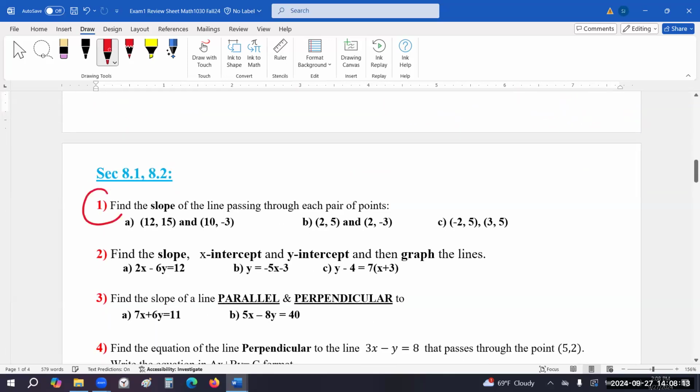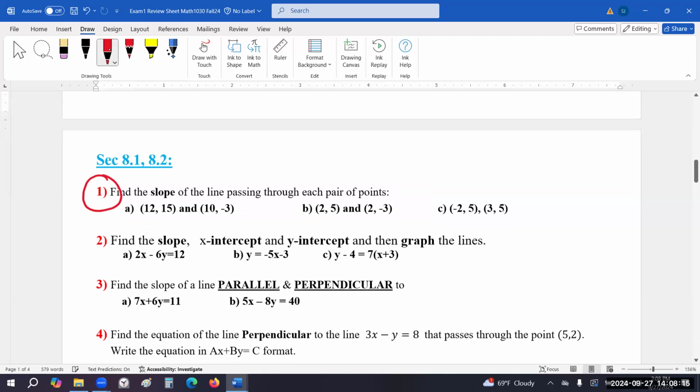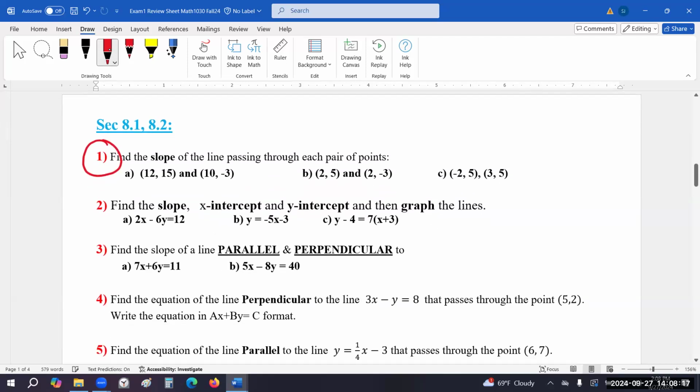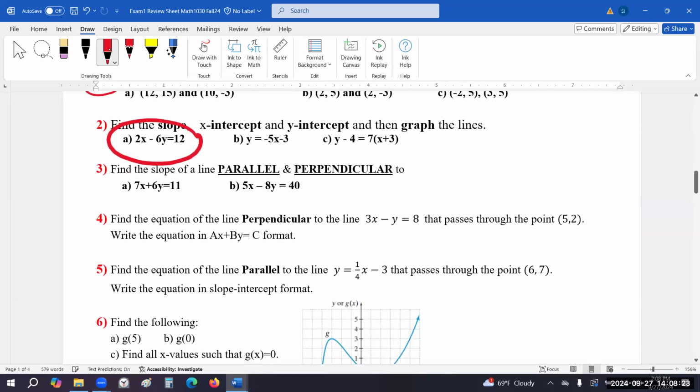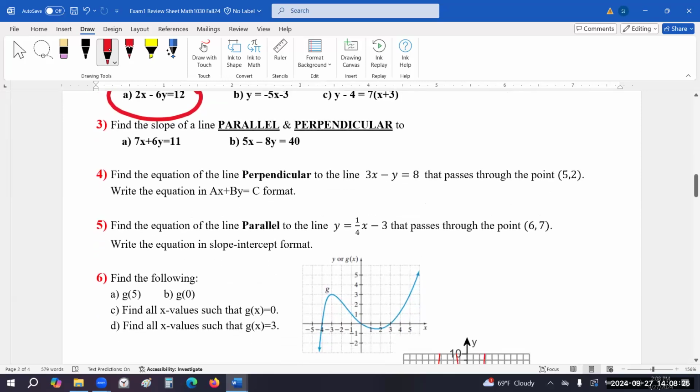Find the slope, definitely 1 from here. Slope, x-intercept, y-intercept, something like this one. Parallel or perpendicular line, I'm not going to give you the simple one. I'm going to just ask you with a question: find the perpendicular line or find the parallel line, and so on.